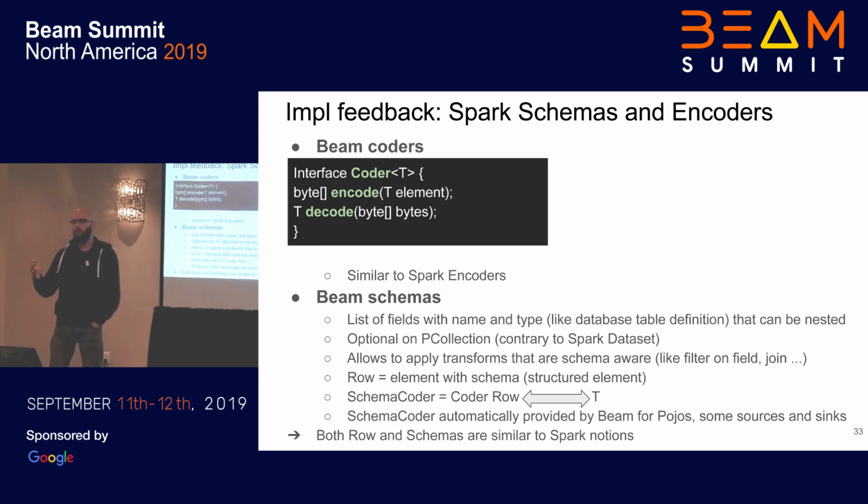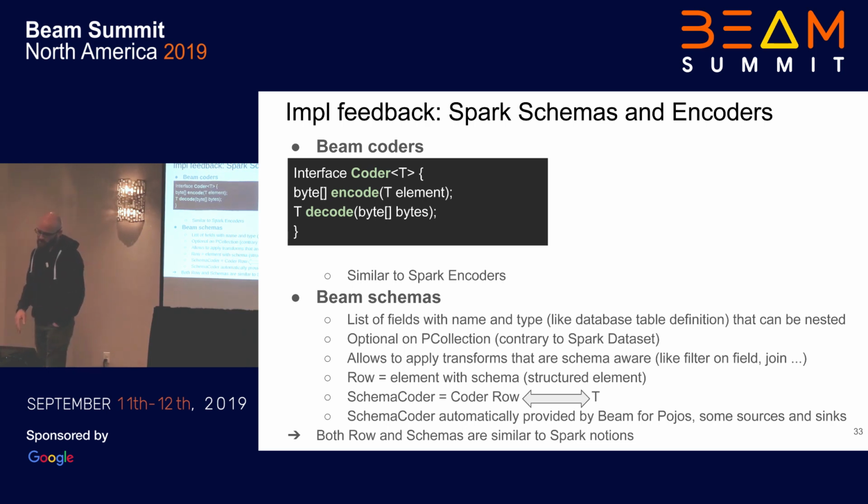You can have a PCollection with schemas, a PCollection without schemas, contrary to the Spark framework where it's mandatory on Datasets to have schemas. We can apply transforms that are schema aware. So if you filter, you can filter on a given field of the object.